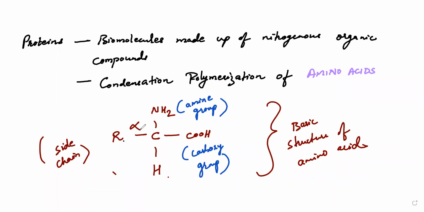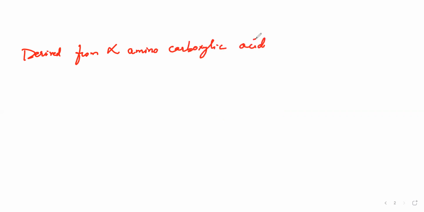Therefore all the naturally occurring amino acids will be in the form of alpha amino acids. So if they ask you what this alpha is, it is nothing but whatever proteins are there, they are mostly derived from alpha amino carboxylic acid monomers.